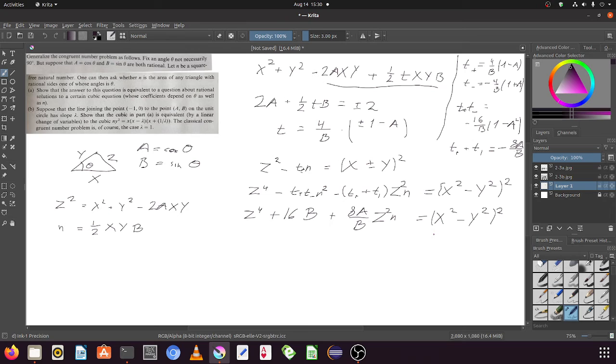So what is the argument of the book? We've just come to the second equation.